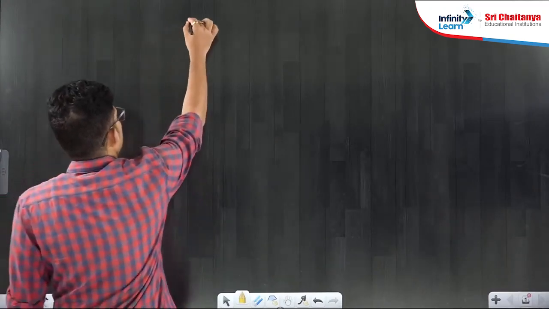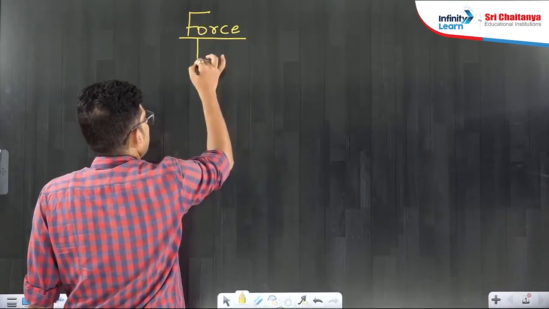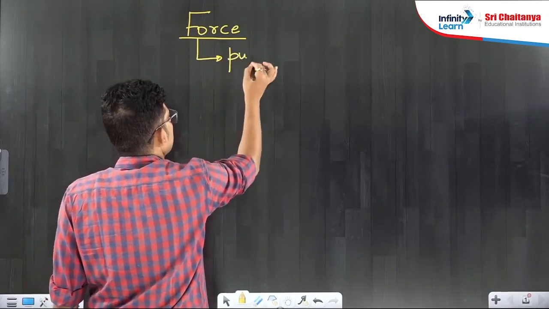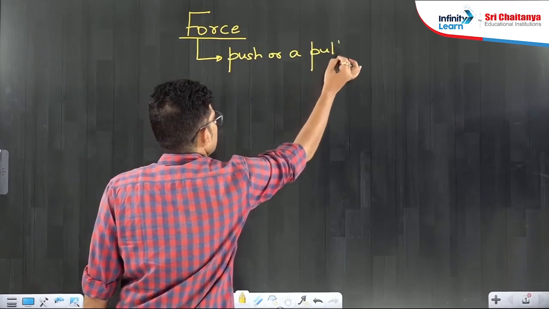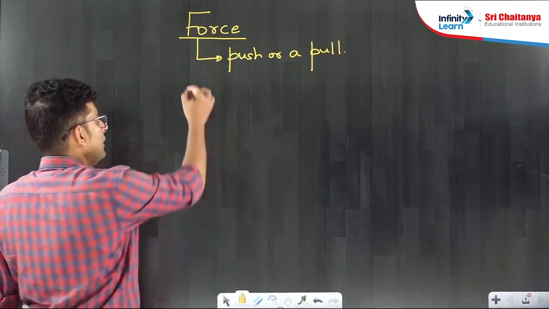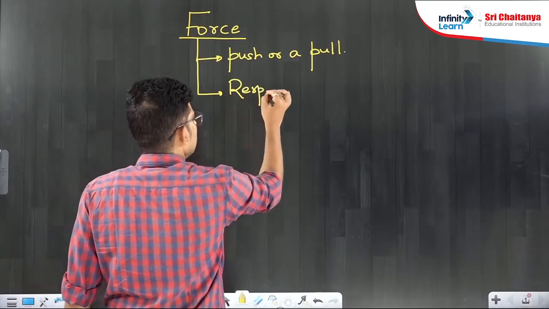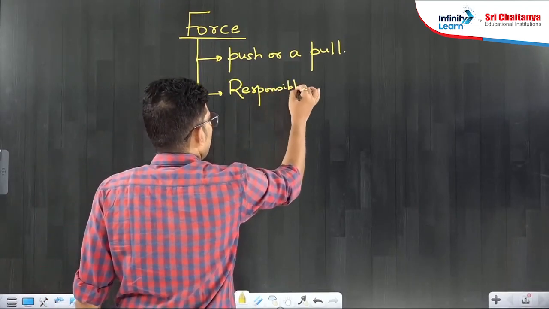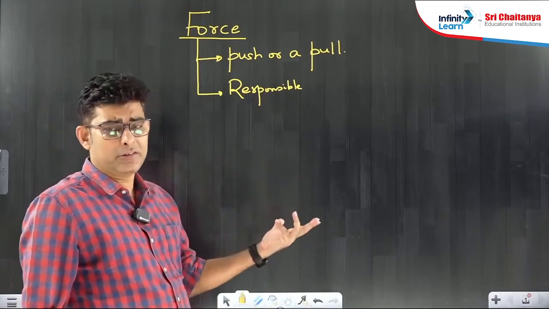So when we talk about force, we say it is nothing but a push or a pull. Now this push or pull is responsible for changing the state of rest or motion.